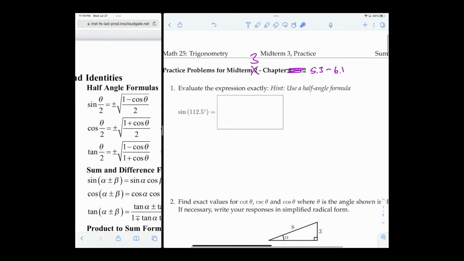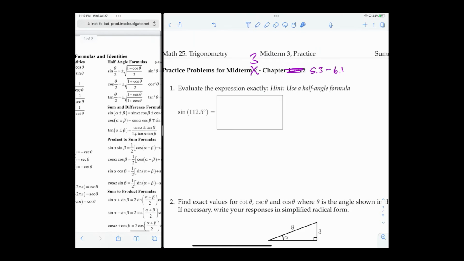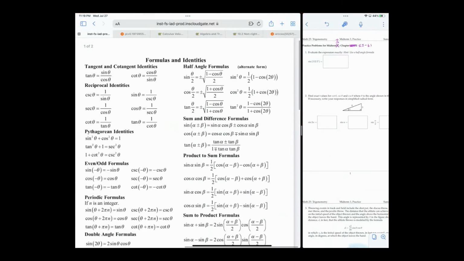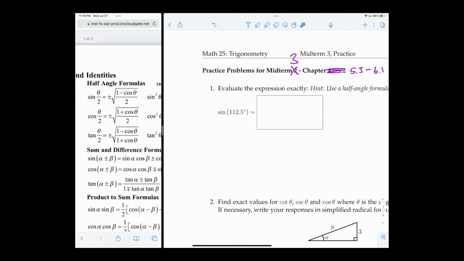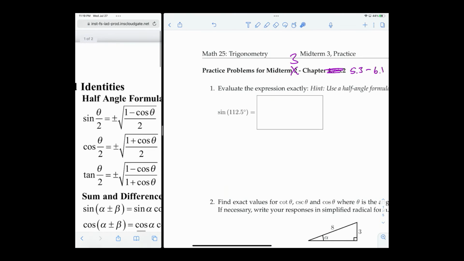So problem 1 here says, evaluate the expression directly or exactly. Use a half angle formula. In your cheat sheet, which I have open in another tab, we have all of our identities, including the half angle formulas, and you'll find one for sine theta over 2.